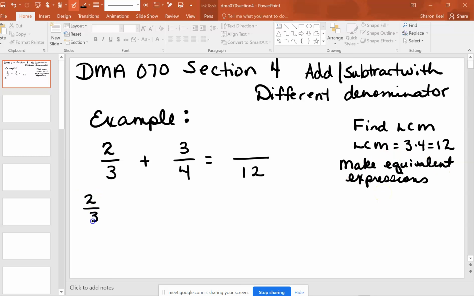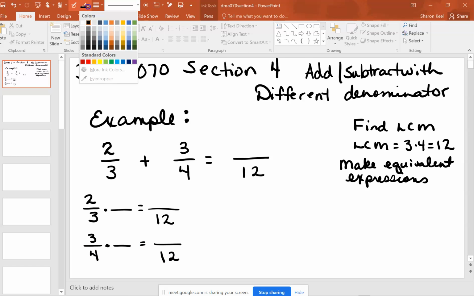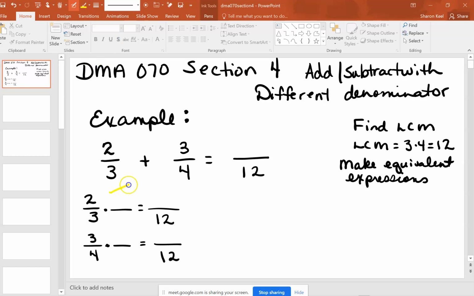So we're going to take 2/3 and multiply it to get a denominator of 12. And we're going to take 3/4 and multiply it by something to get a denominator of 12. And as you recall, you can always multiply any fraction by 1 and have an equivalent expression.